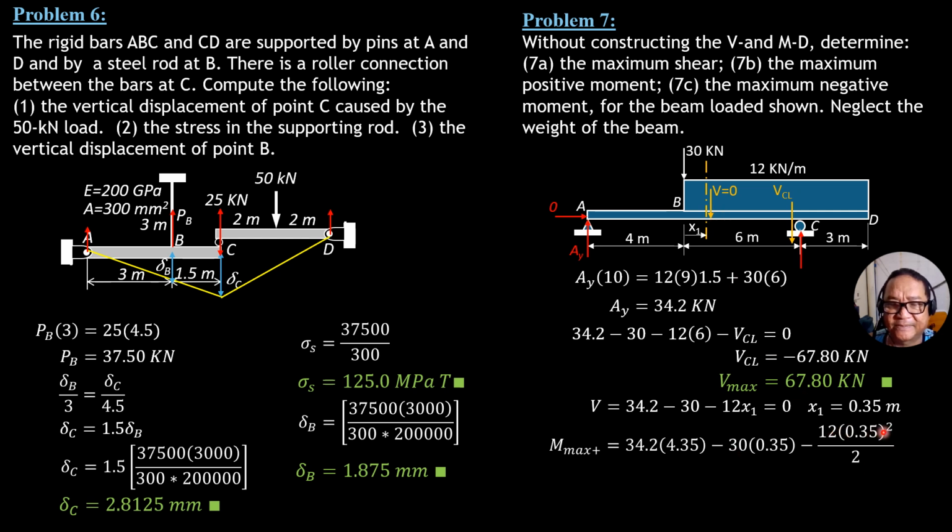So this 12 times 0.35 square over 2 is 12 times x1, 0.35, moment arm 0.35 over 2. That's why we have minus 12 times 0.35 square over 2. So the maximum positive moment therefore is equal to 137.5 kilonewton meter.